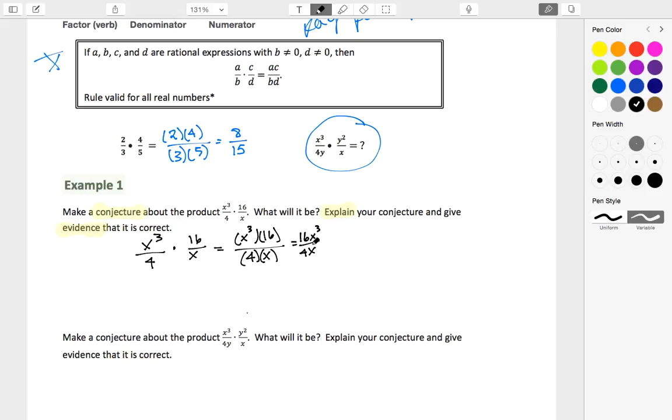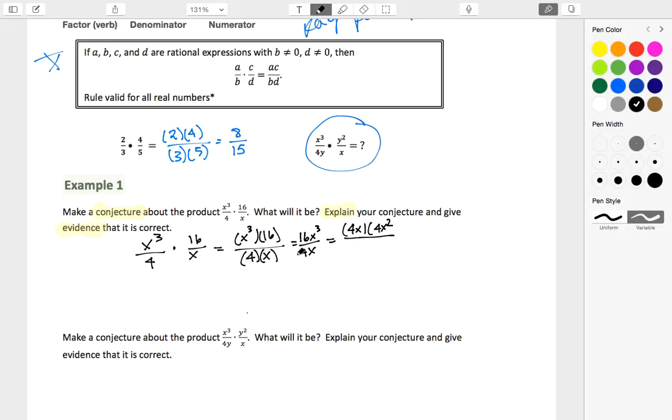Now, when we are multiplying rational expressions, we also want to simplify our problem, okay? And one way we can do this is by separating 16x to the third into its factors. So 16x to the third can be 4x times 4x squared, okay?